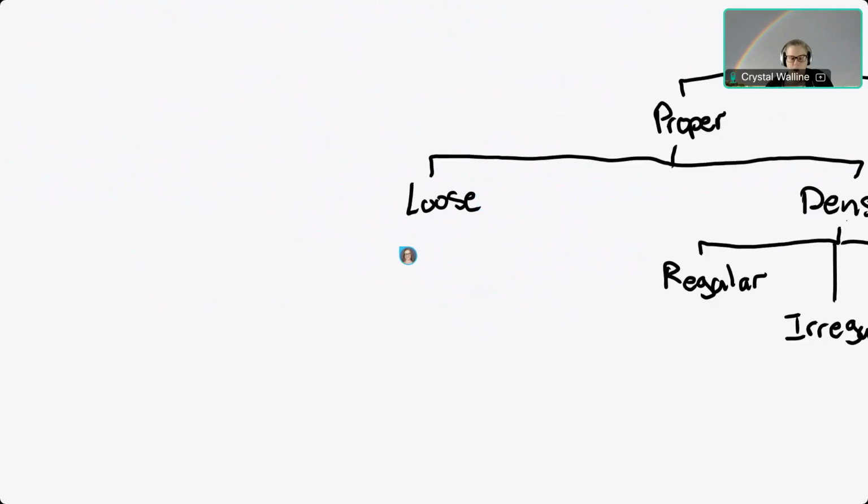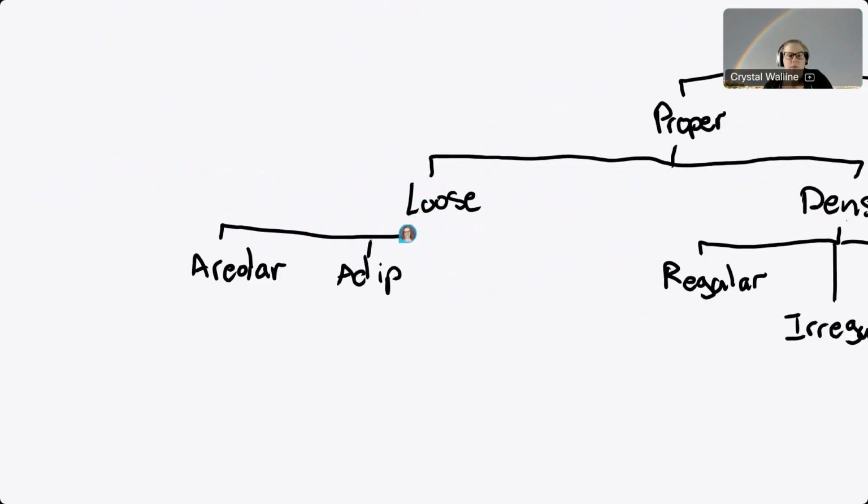So in loose, we also have three subcategories. We have a loose tissue called areolar, a loose tissue called adipose, and a loose tissue called reticular.